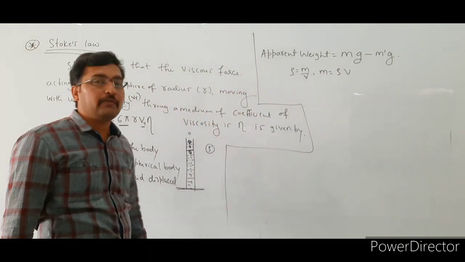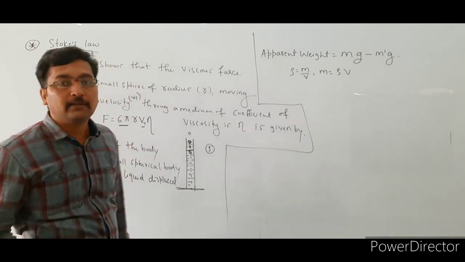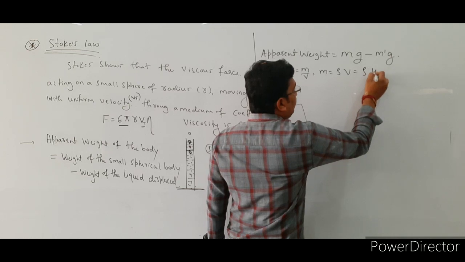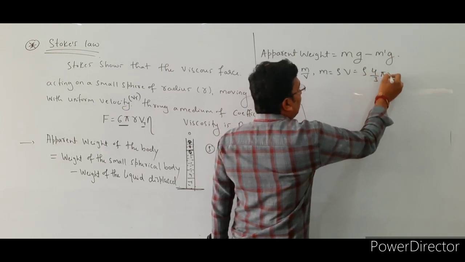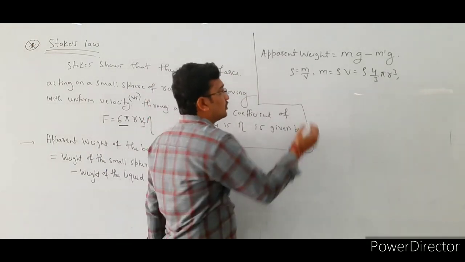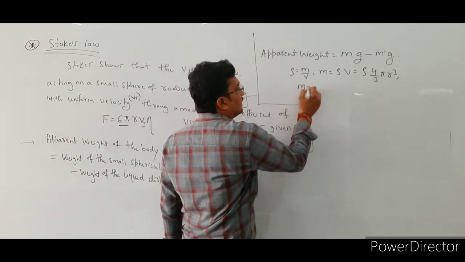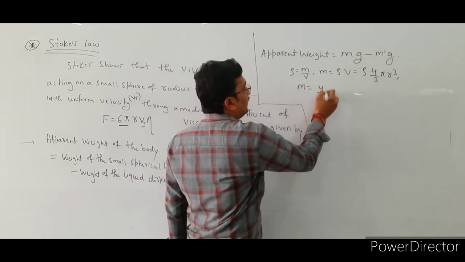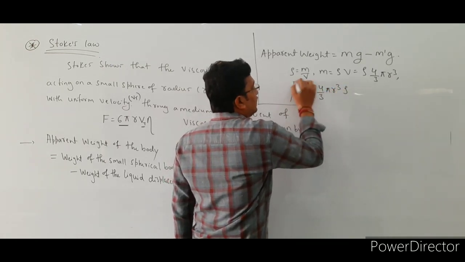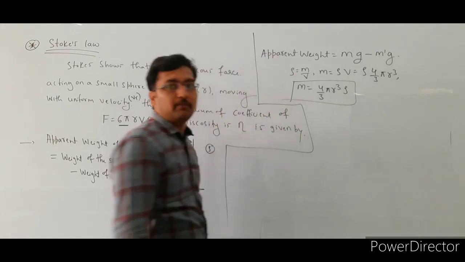What formula do we use to find the volume of the sphere? That is 4 by 3 pi r cube. So the mass of the spherical body is 4 by 3 pi r cube into density.